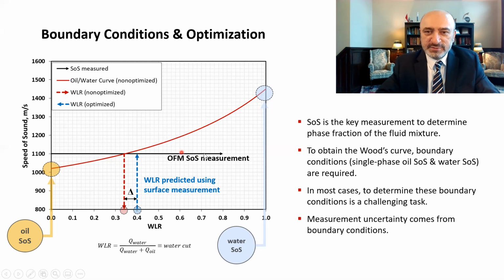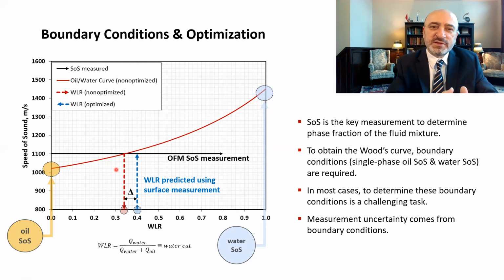This horizontal line here will be passing through this boundary condition, because the fluid is 100% oil in that case, and this speed of sound has to go through this boundary condition. So once we have that, we have a lock on the oil speed of sound.